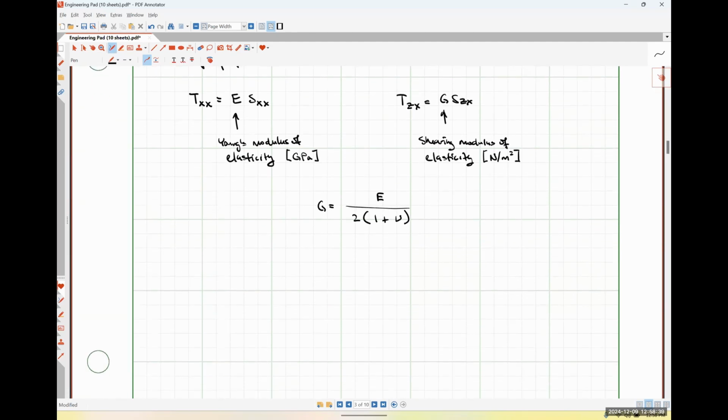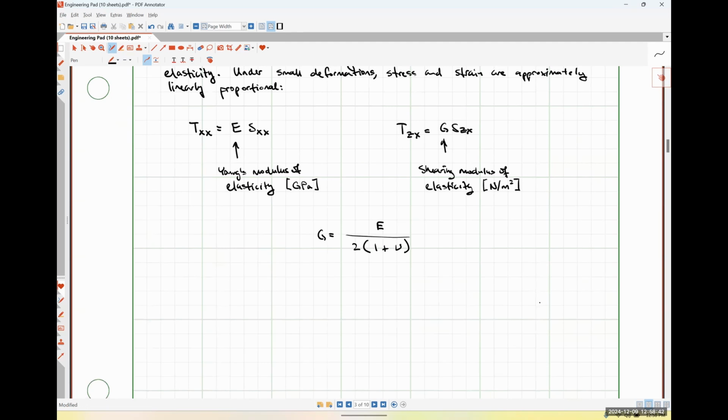So I'm going to attempt to draw a graph here depicting the relationship between stress and strain. So if we put stress on this axis and strain on this axis, we might see something like this.